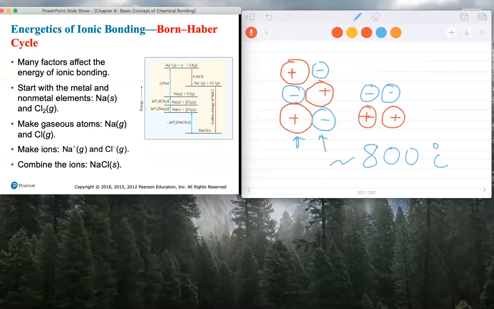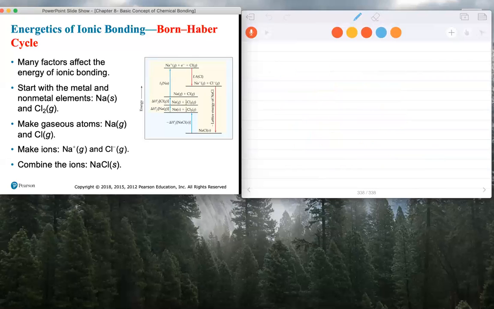Well, I will not go into details on the Born-Haber cycle and how to calculate the lattice energy of sodium chloride, but I just want to mention what lattice energy is. Lattice energy is the amount of energy required to break apart a crystal into its respective ions.